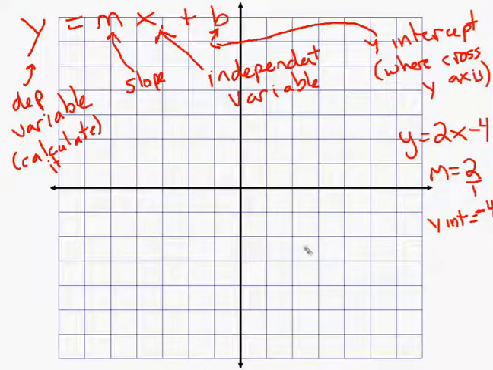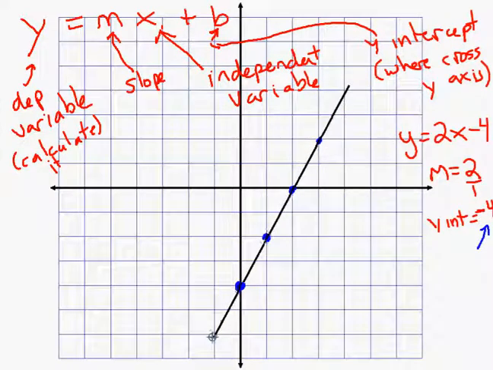So here's what I do. I start at the point y equals negative 4. Do you see that that's right here? And from there, I'm going to use my slope. My slope says go up 2 and right 1. Up 2 and right 1. And boom, without a table of values, I've graphed my line.